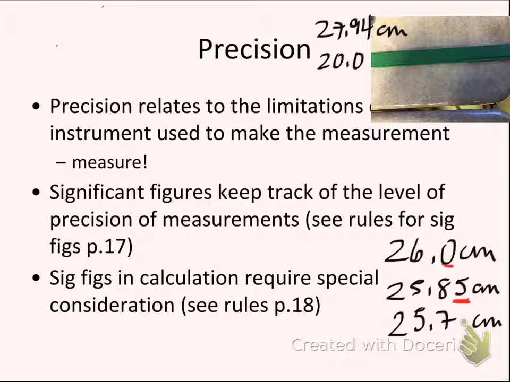So those green sticks have, what is the last level of marking on those things? 1 meter. They are marked to the meter. So you get 1 more place beyond that.